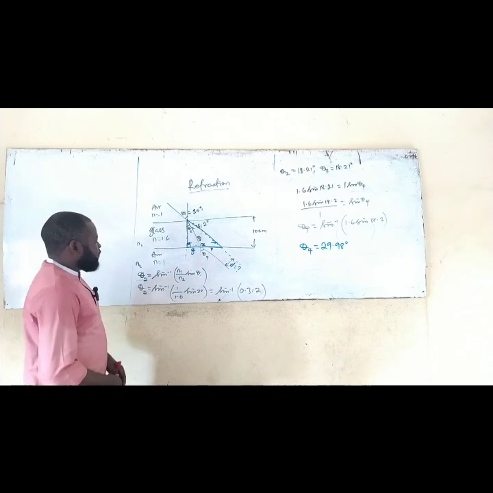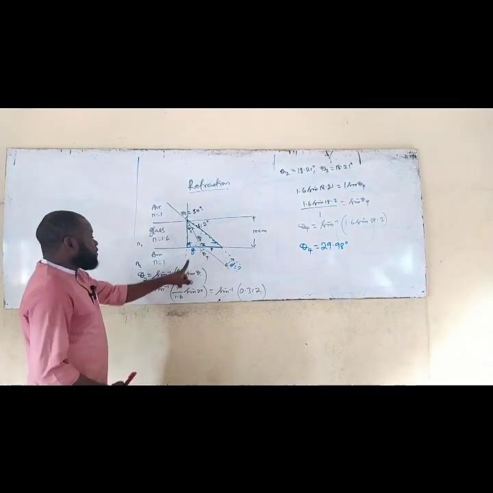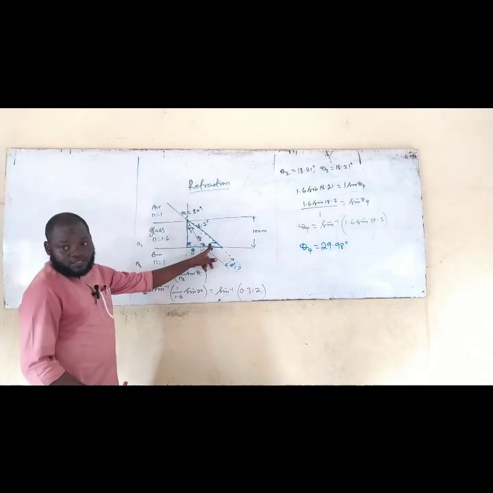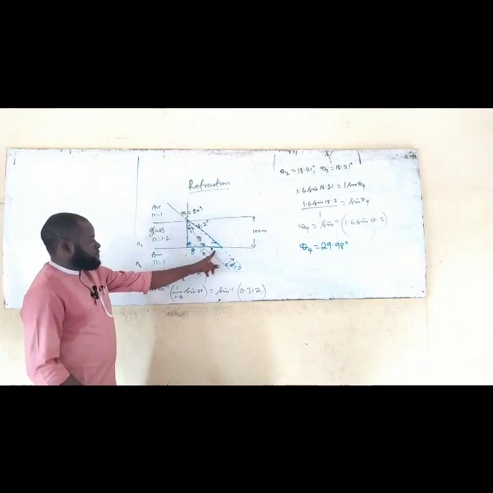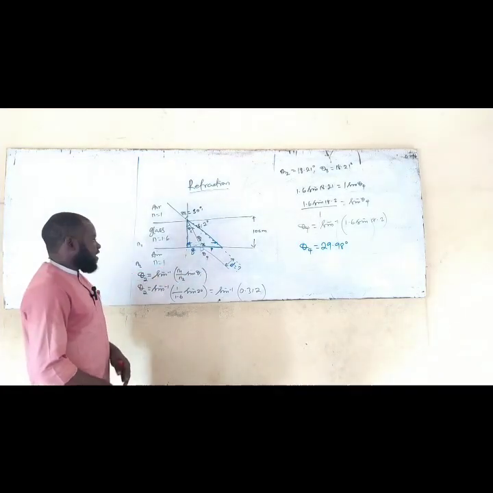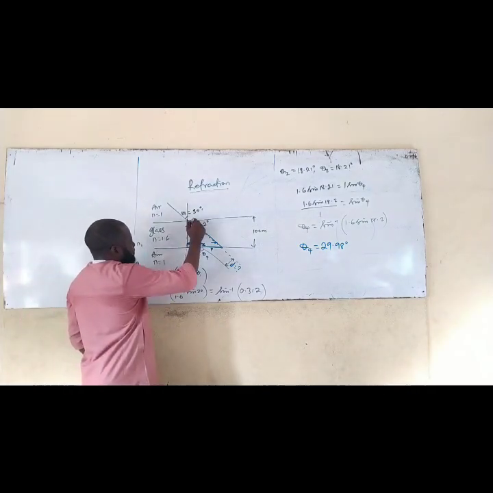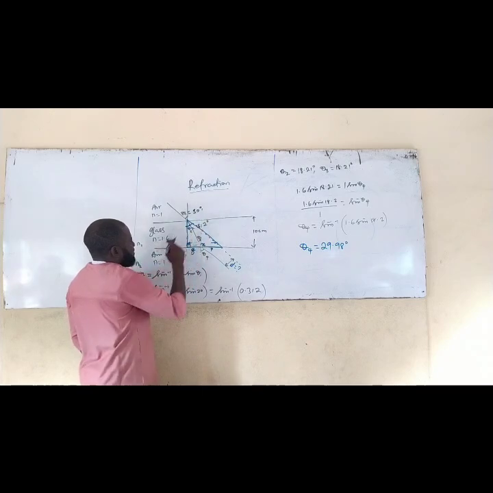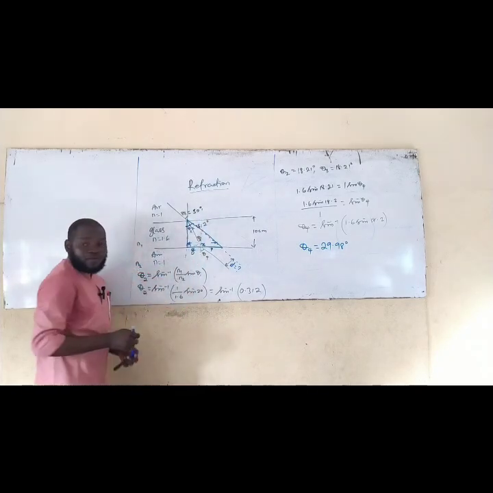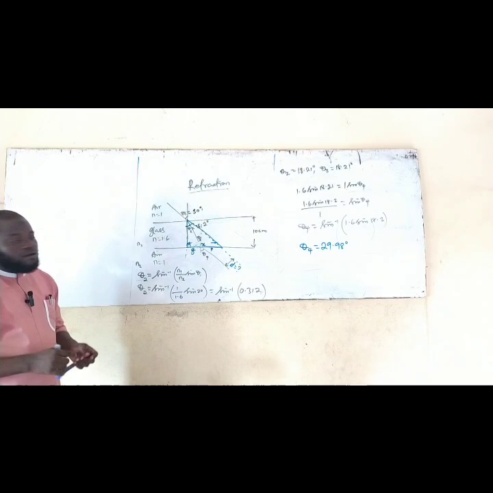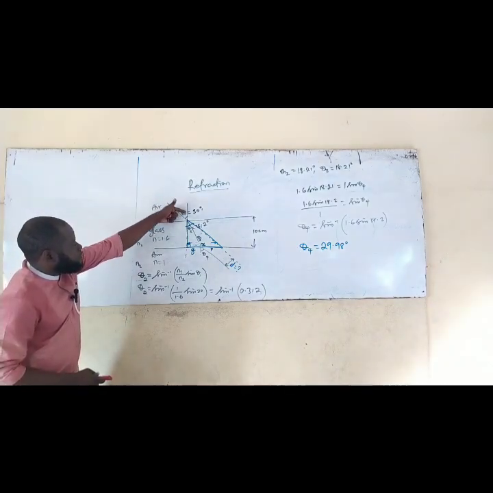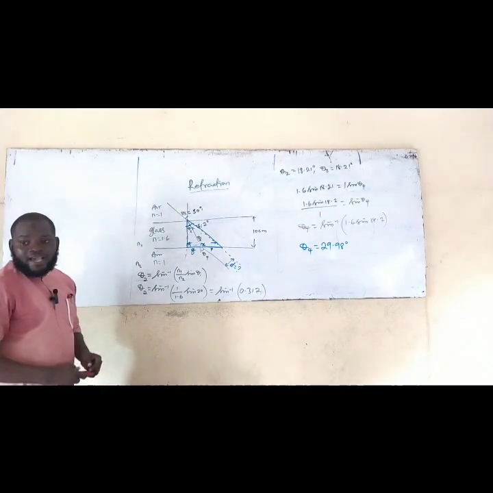Okay, so let's get the value for X now. You know, I can know the value of Q without knowing X. It's possible. But I cannot know P without knowing X. So let's find X first. Now, this angle here is what? 30 degrees. Do you agree with me? Because of vertically opposite angles.